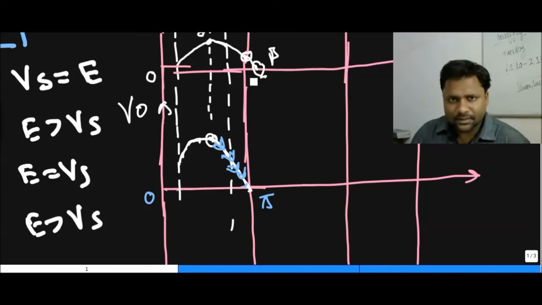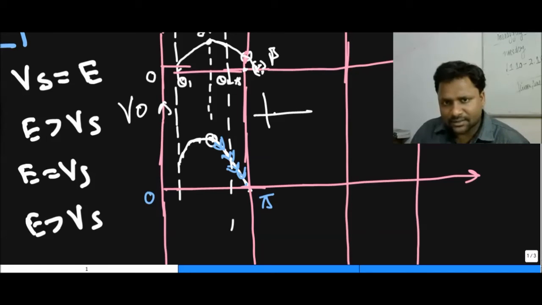Just to make it more clear, this is basically pi. This point is called beta. So this is 0, this is theta 1, this is theta 2, this is pi, this is beta.